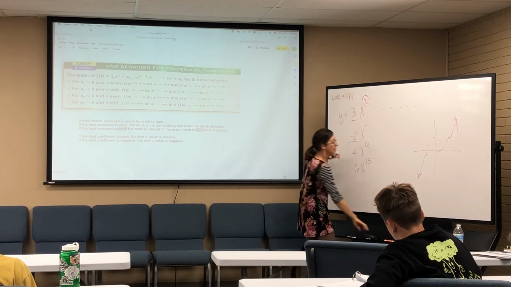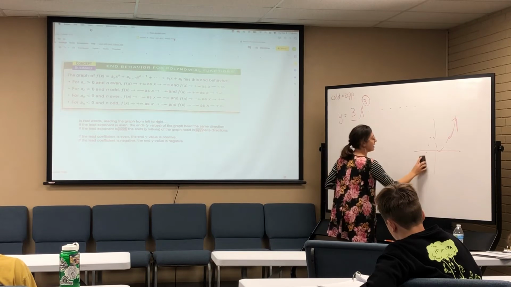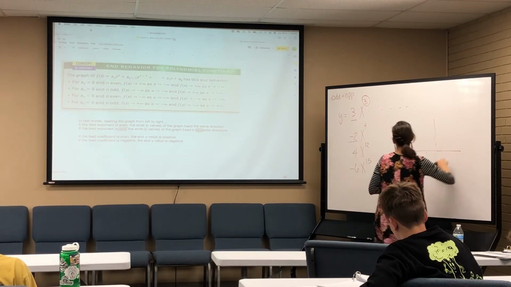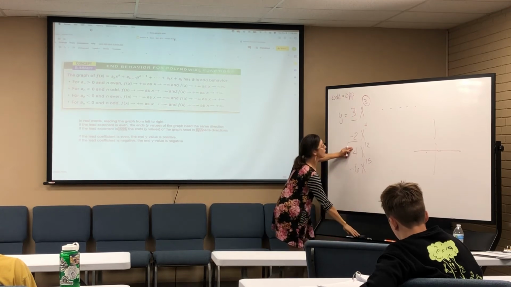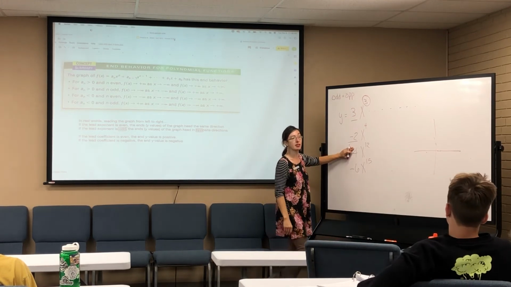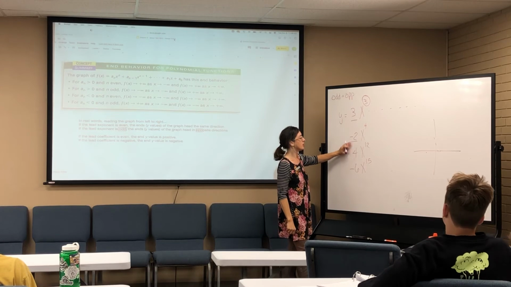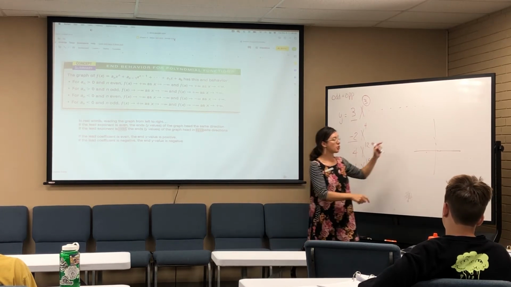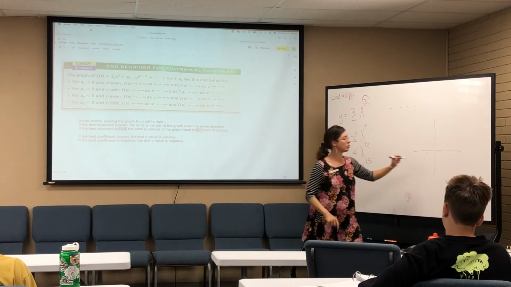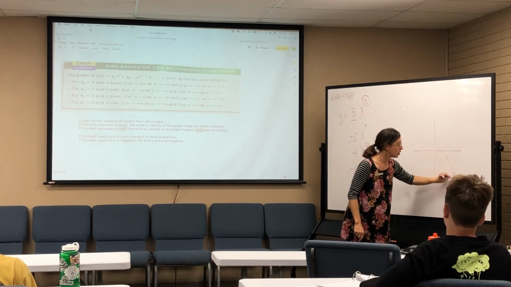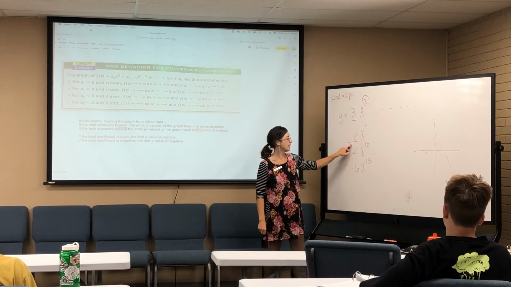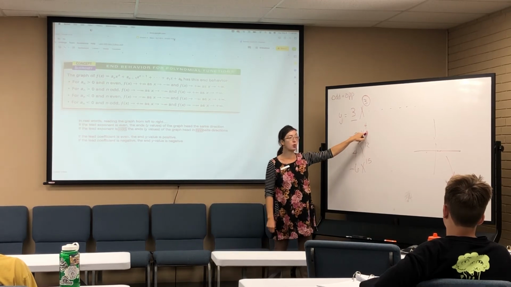So let's think, what would the second one be? We're looking at end behavior. So I've got -2. It's going to end, and we're looking at y values, so it's going to end going negative. But I have a 4.